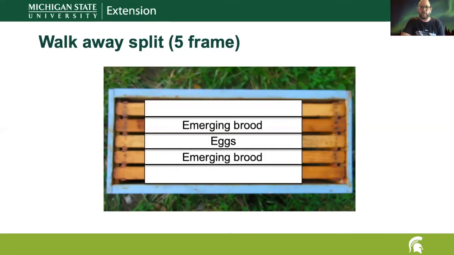Next, you're going to be putting emerging brood next to it. This is capped brood that is going to be hatching relatively soon, and that is going to be the next generation of nurse bees that's going to rear all of the bees that are on that frame in the middle, including your queen. So you need to have a good, robust population of young bees in here to be able to do this.